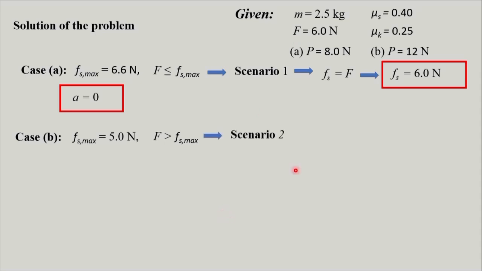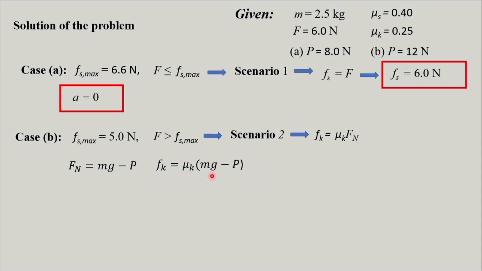According to this scenario, the frictional force is the force of kinetic friction. It is given by this equation. The normal force we calculated previously is given by this equation. And finally, for kinetic friction, we have this equation.